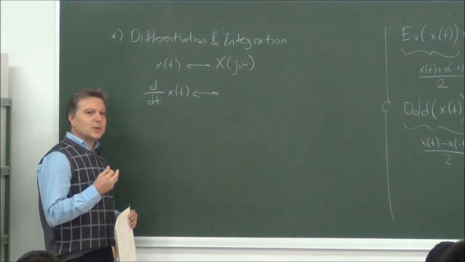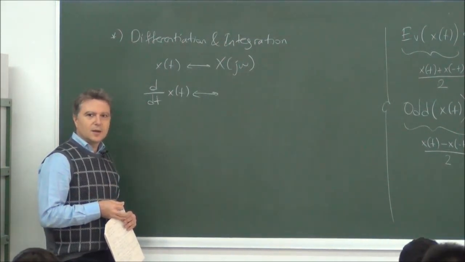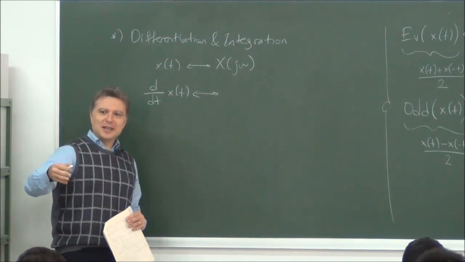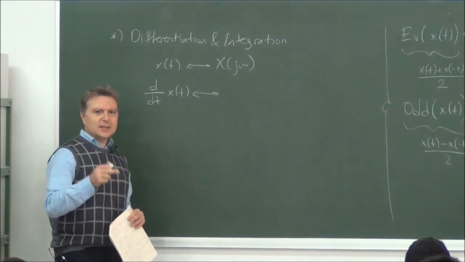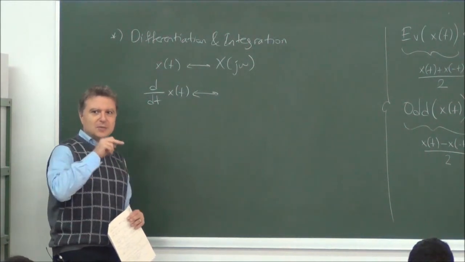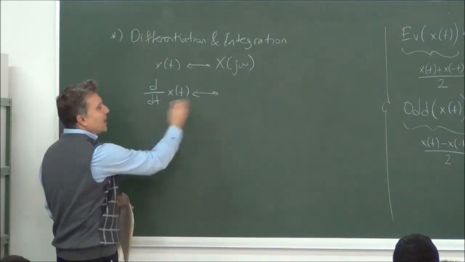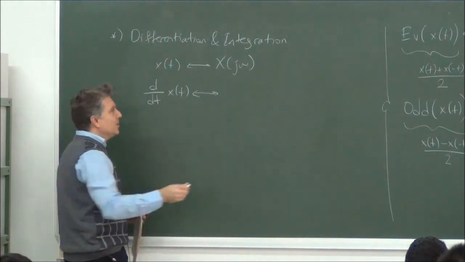Do you remember what was happening to the Fourier series coefficients? That was the integral. It's just the opposite. It was j omega. So we were multiplying by j omega, and omega is k times omega 0. So it was j times k times omega 0 times ak. That's what was happening to the Fourier series coefficient. But now it's even easier than that.